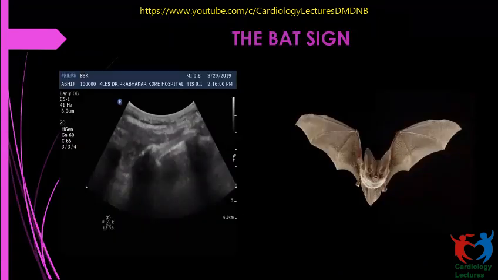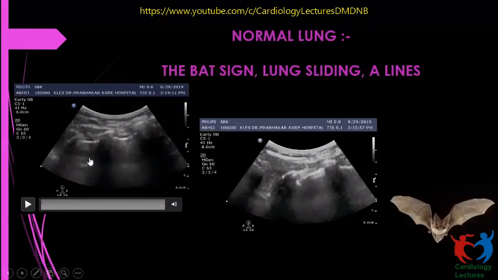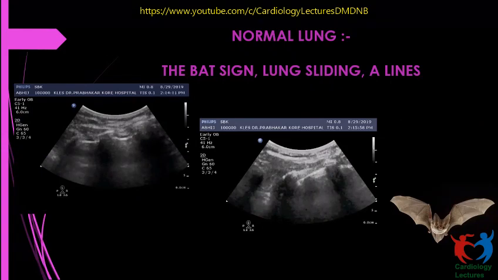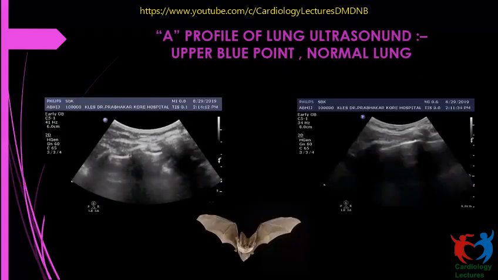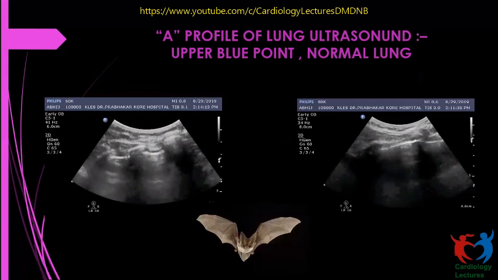So I'll just move this image. Okay, so there is lung sliding and there is a bat sign, and there are multiple equidistantly spaced A lines. So bat sign, lung sliding, and A lines: it is a normal lung. The A profile of the lung ultrasound at the upper blue point is a normal lung.